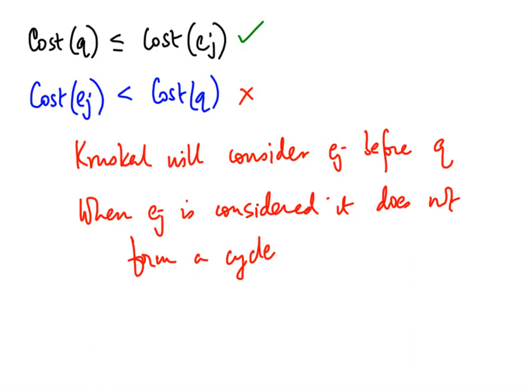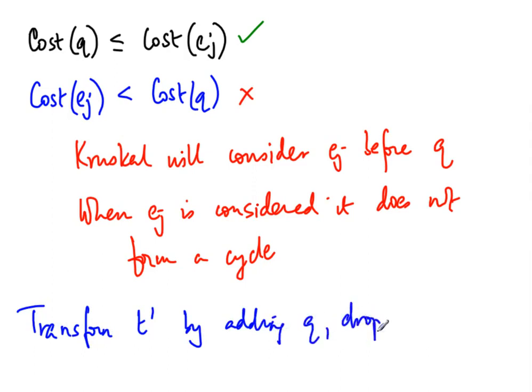So now what we will do is, therefore we will transform T prime by adding Q and dropping EJ. You can verify that the resulting thing is a new spanning tree.